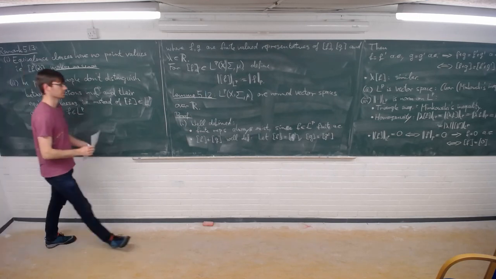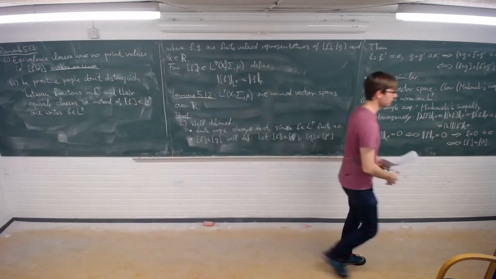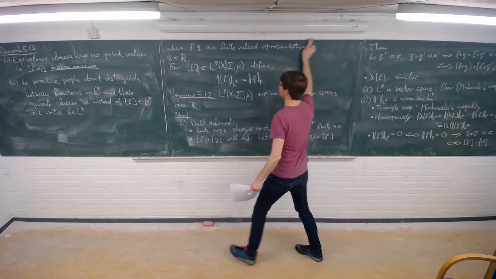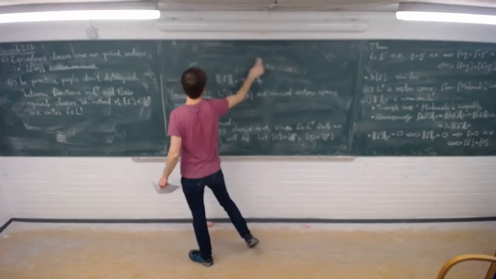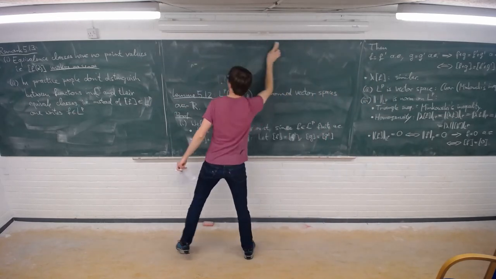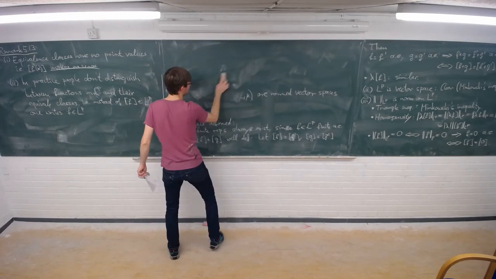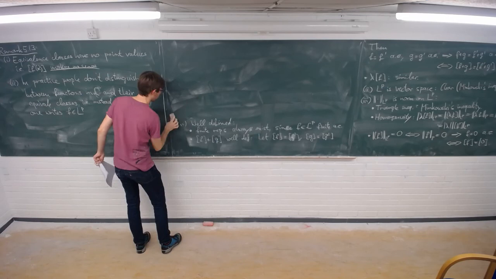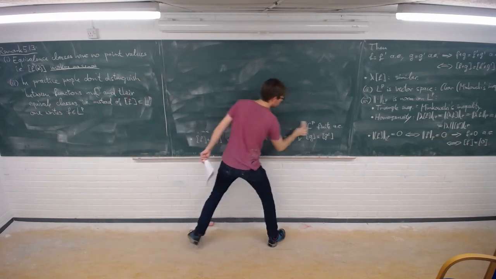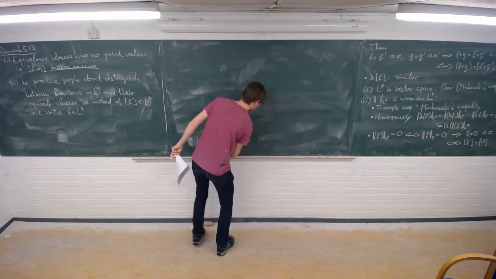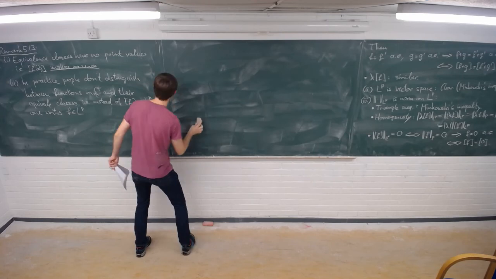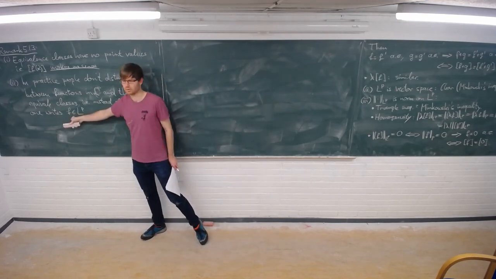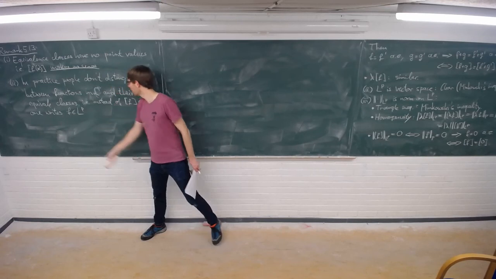So in practice, people just omit these square brackets in the notation because it's easier to read and to write. So if you open textbooks, you will often see this. So remember that if someone writes this, they actually mean this.